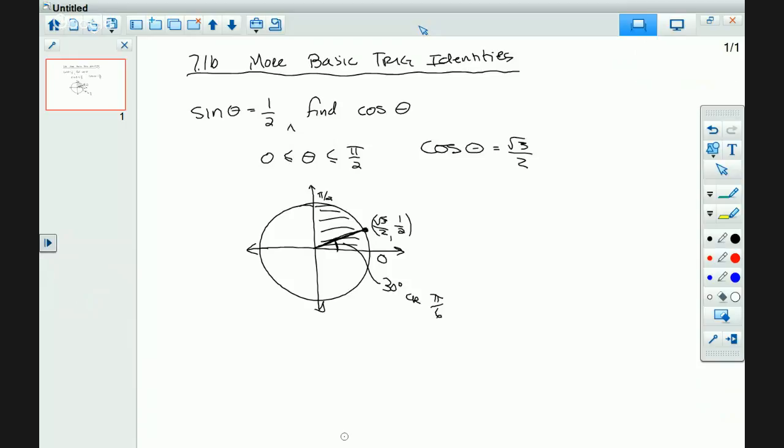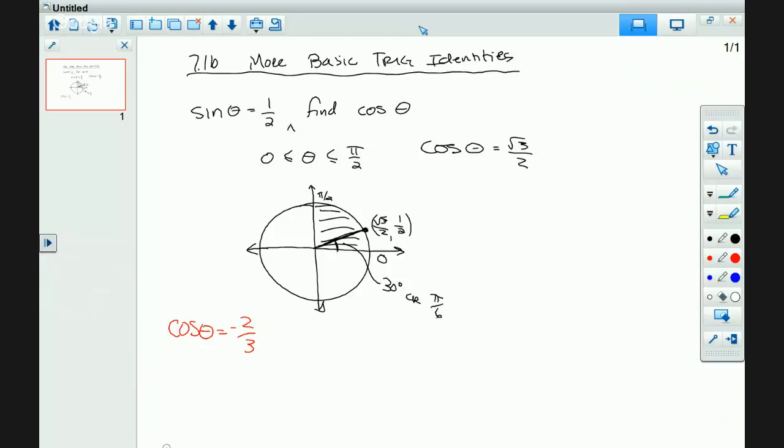Okay, cosine's -2/3. Where is cosine negative? Where the x value is negative? This direction, right?